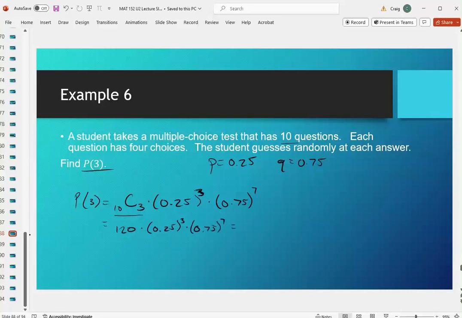Okay, and that probability is about 25%. Okay, so there's about a 25% chance that you guess 3 of them right out of the 10.